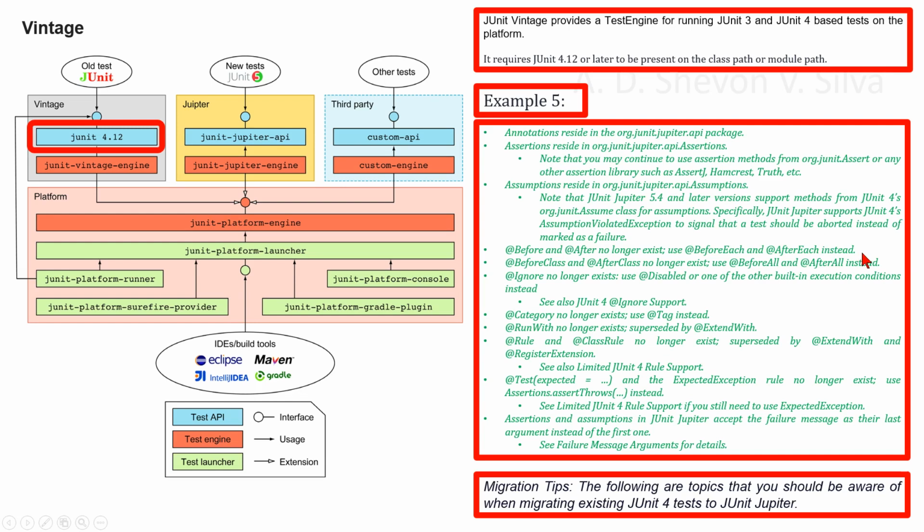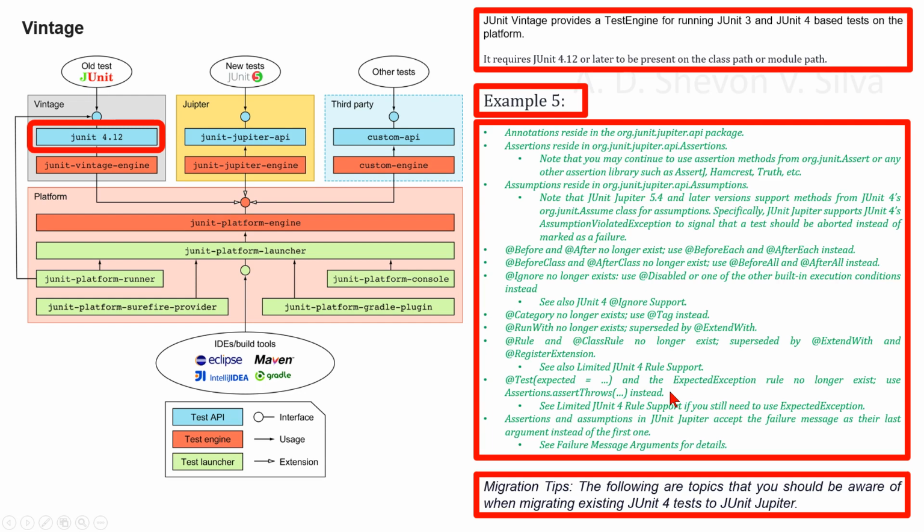@Before and @After no longer exist; use @BeforeEach and @AfterEach instead. @BeforeClass and @AfterClass no longer exist; use @BeforeAll and @AfterAll instead. @Ignore no longer exists; use @Disabled or one of the other built-in execution conditions instead. @Category no longer exists; use @Tag instead. @RunWith no longer exists; superseded by @ExtendWith. @Rule and @ClassRule no longer exist; superseded by @ExtendWith and @RegisterExtension. @Test(expected = ...) and the ExpectedException rule no longer exist.